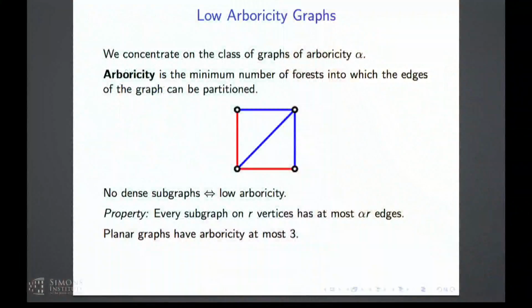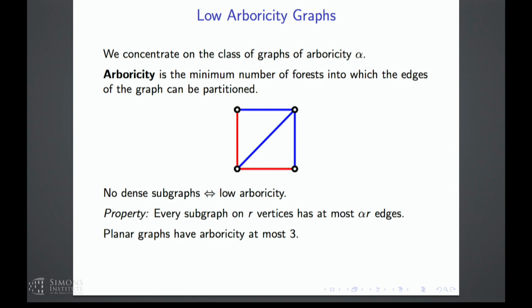Arboricity is closely related to the density of the graph. In particular, if the arboricity is low, then there are no dense subgraphs in the graph, and vice versa. In fact, every subgraph on r vertices has at most alpha r edges if the arboricity of the graph is alpha. And bounded arboricity is actually a reasonable assumption for many real-life networks.